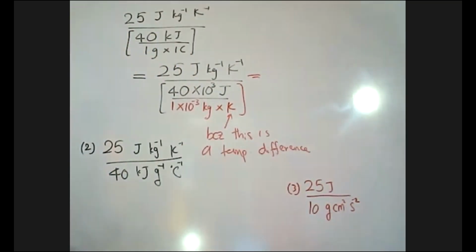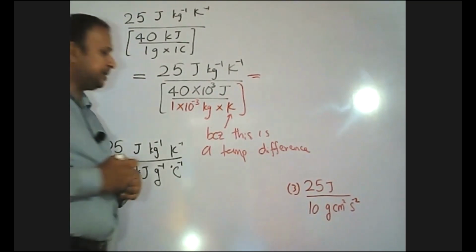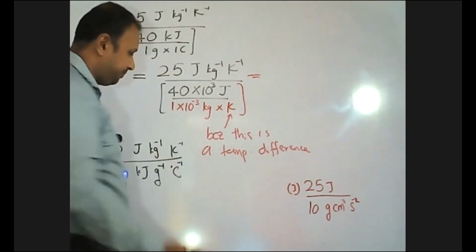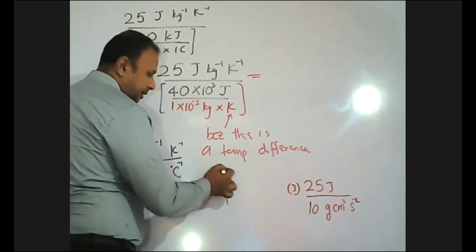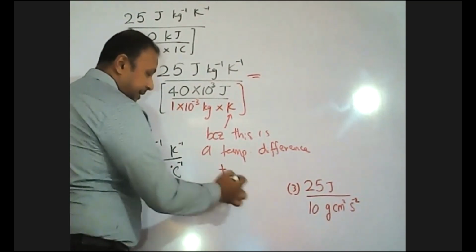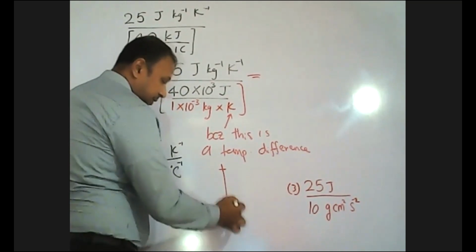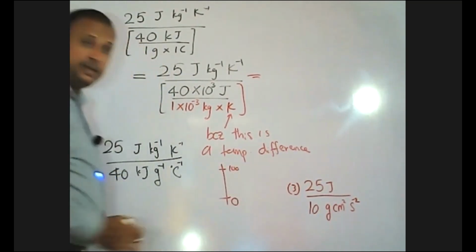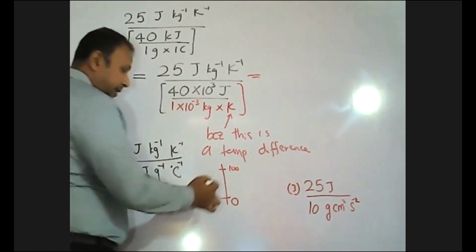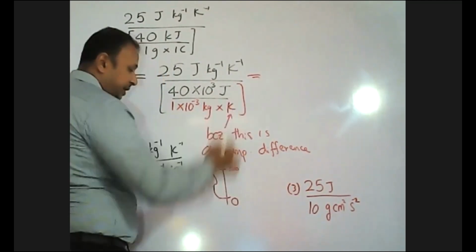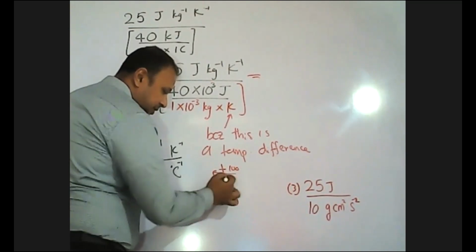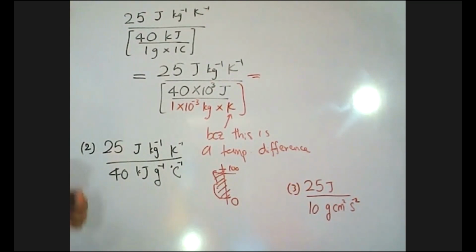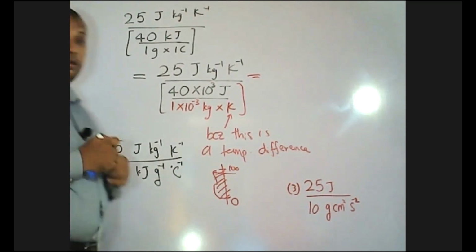Temperature difference is equal in any units. You can write, for example, 0 and 100, in Celsius or Kelvin or Fahrenheit. This difference is equal in any scale.